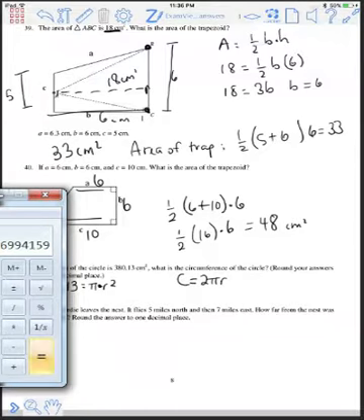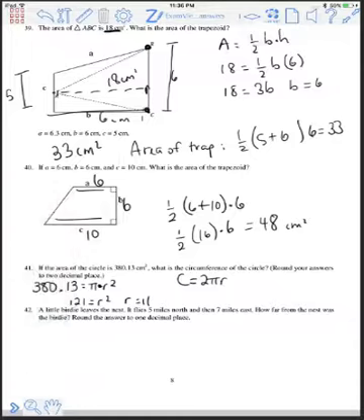We get 121. Which means that the radius is 11. If you take the square root on both sides, you get r equals 11.